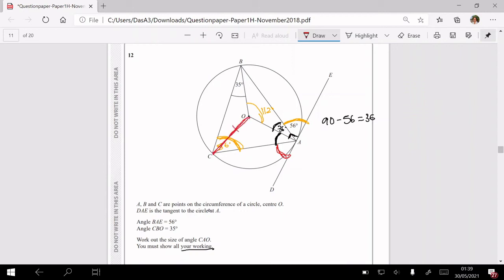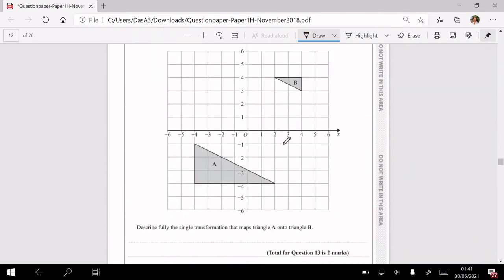Both of these are radii, therefore this is the same as this. That means if this is 35, this is also 35. And if this is 35, then this must be 56 minus 35, which is 21 degrees. And if that is 21 degrees, then this is 21 degrees. Therefore, the angle CAO is 21 degrees. Hope that makes sense, and let's move on to the next question.